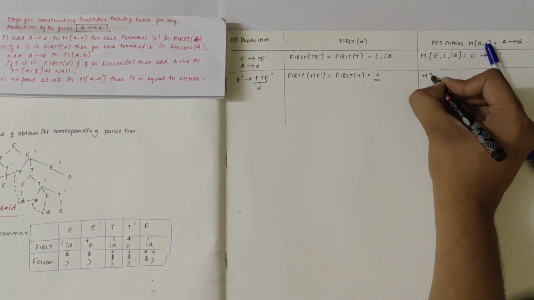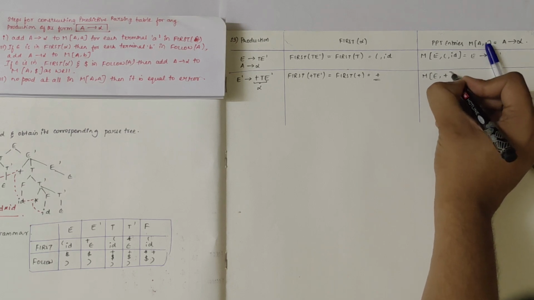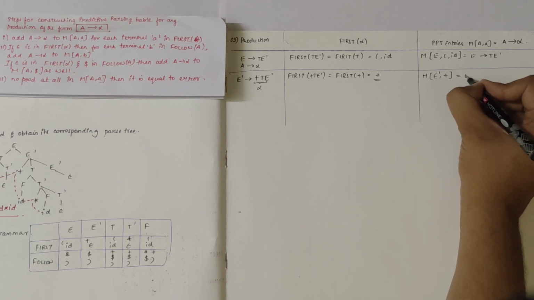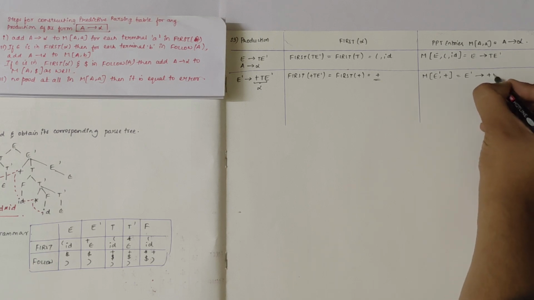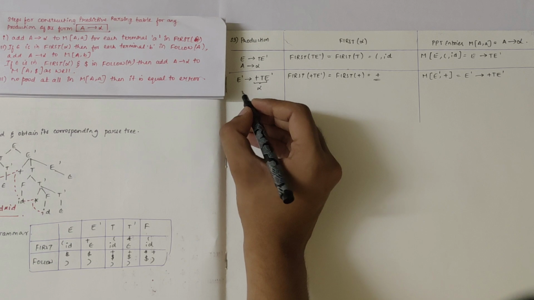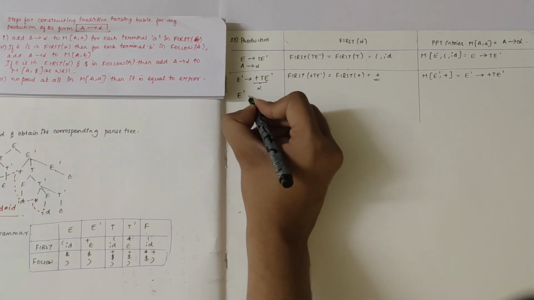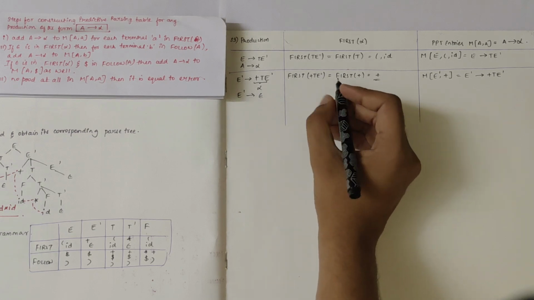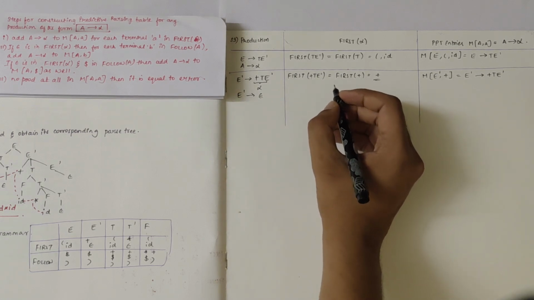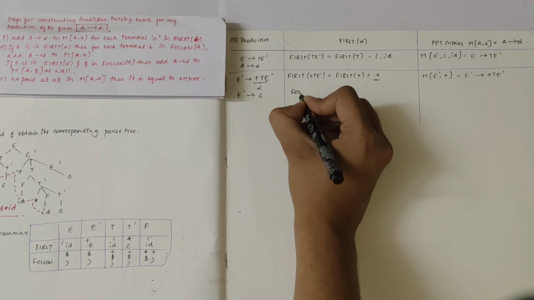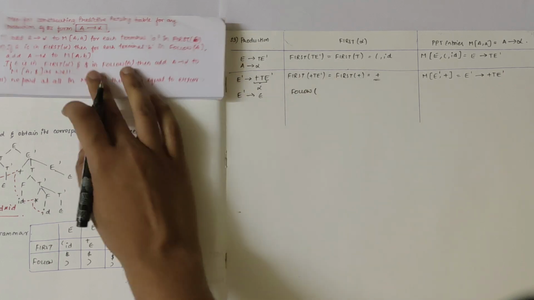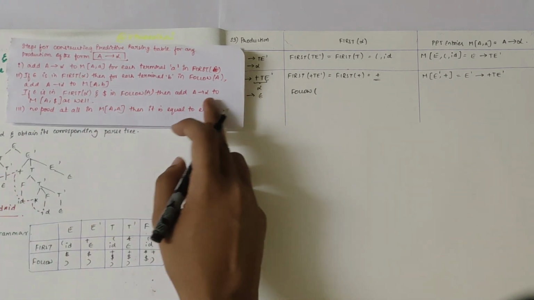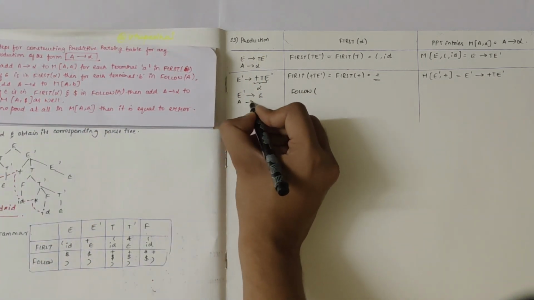So here M of E dash comma plus would be equal to E dash derives plus TE dash. Moving on to the next production, that is E dash derives epsilon. In the case of epsilon, if you look at the second condition here, you have to find follow of A, that is A derives epsilon.